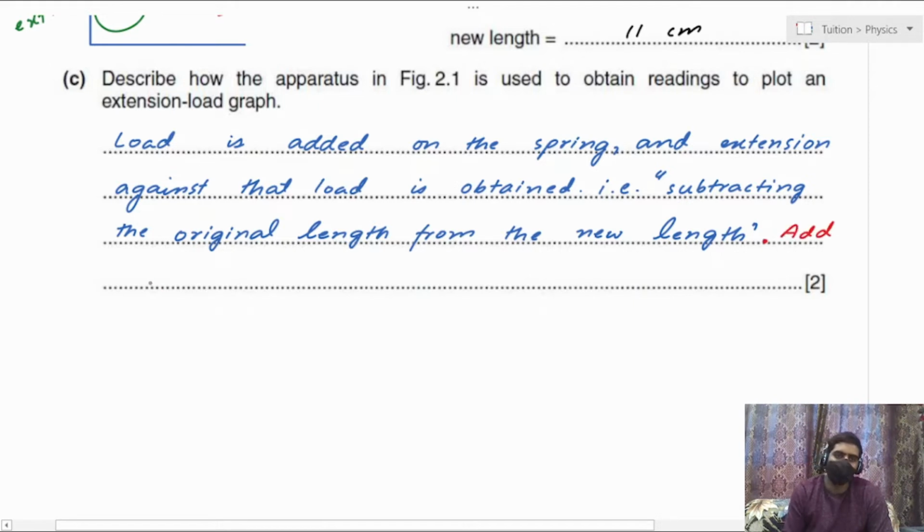Add more load, or more load is added, and find extension against that load as well.